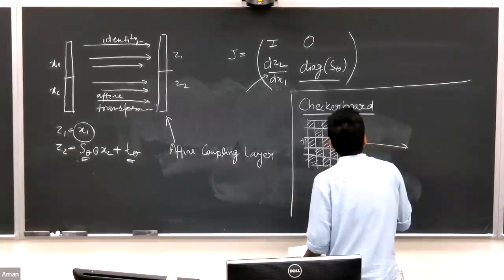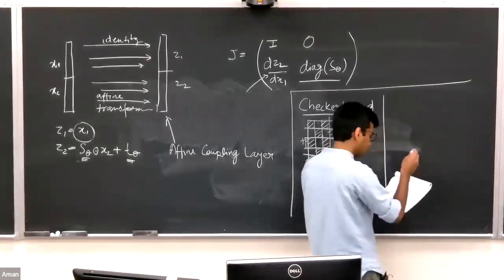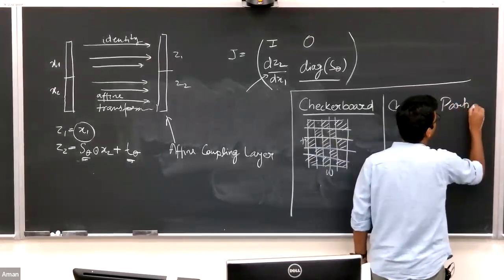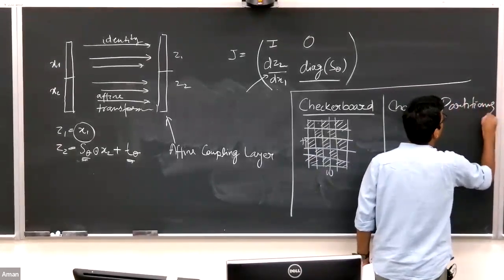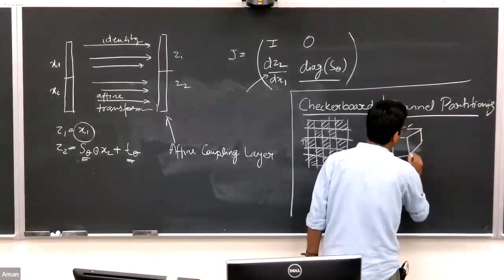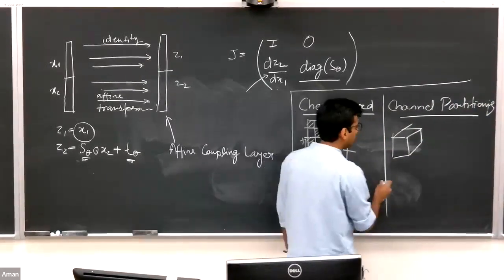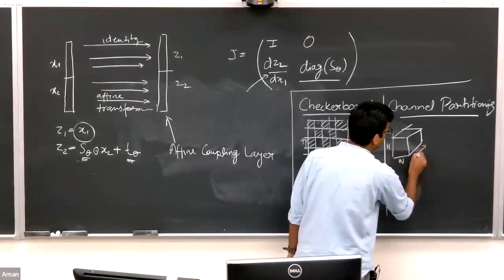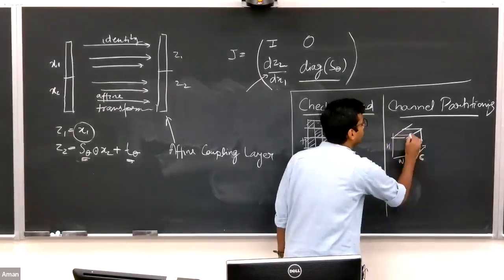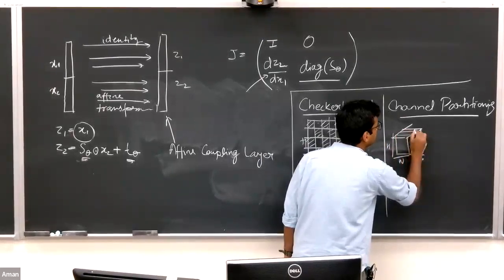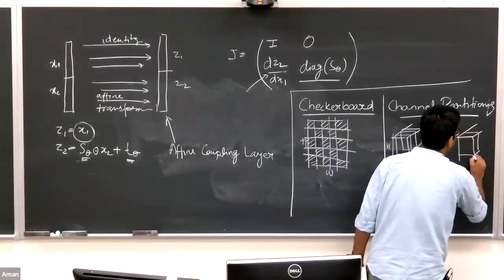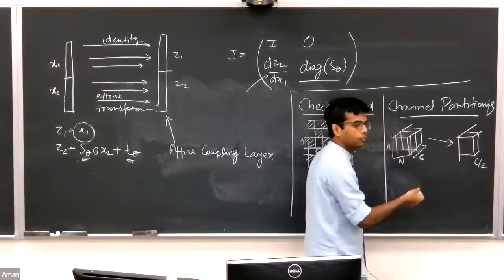Okay. There is another method also which is called channel partitioning, where if the model has, let's say, a feature map like this, which is width cross height cross, let's say, some depth C, what you do is you copy half the channels from this, just randomly selecting alternate channels, so that the output is such that half the channels, C by 2, are exactly copied from the input, right?